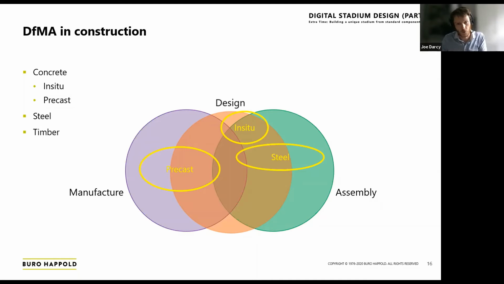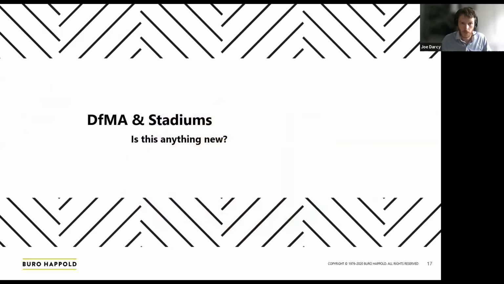Steel is typically more assembly based, likewise timber, although you do have the likes of cross-laminated timber, CLT, which requires quite an extensive manufacturing process, and then implications on its own assembly. And within that central section there is DFMA, and that's what we're going to focus on.